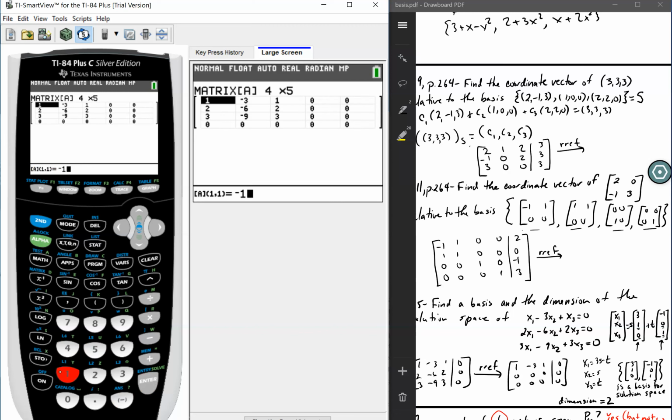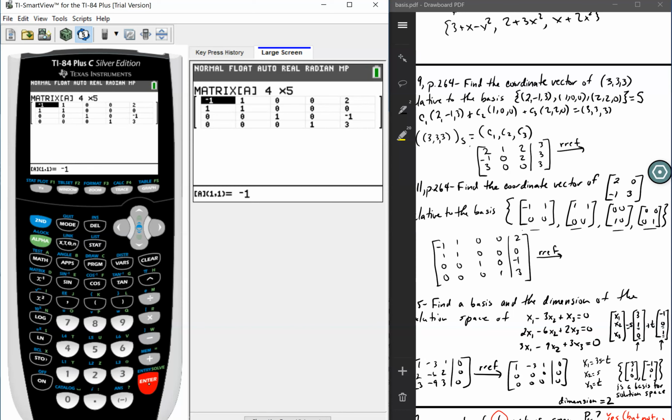I have -1, 1, 0, 0, 2. I've got 1, 1, 0, 0, 0. I've got 0, 0, 1, 0, -1. And I have 0, 0, 0, 1, 3.